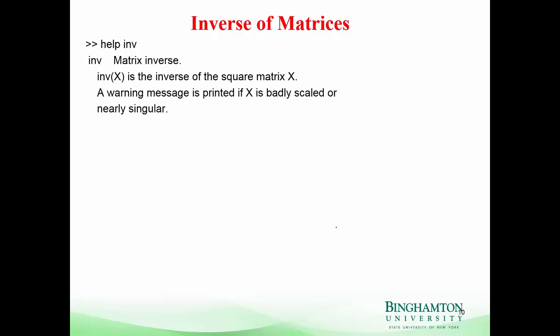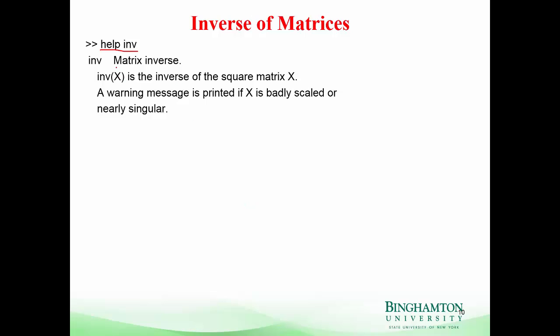All right, so we already alluded to the identity matrix. Suppose we create a matrix and we would like to find the inverse of that matrix: the matrix that, when we multiply it by the given matrix, gives us the identity matrix. So there is a command, inv, and we just type help inv, and MATLAB spews out some information to us.